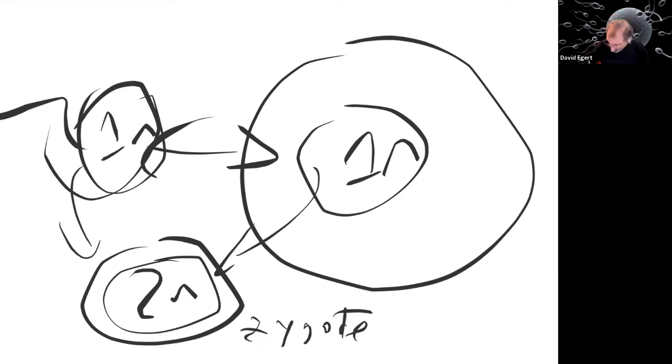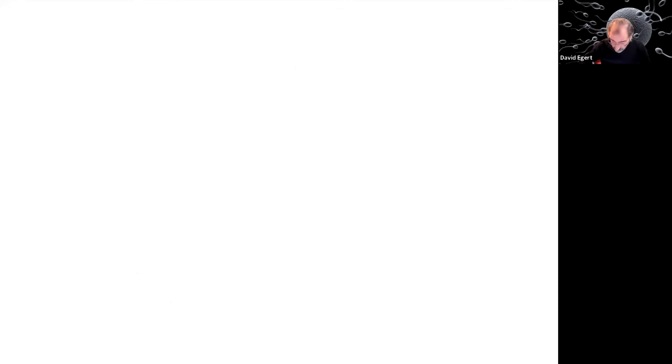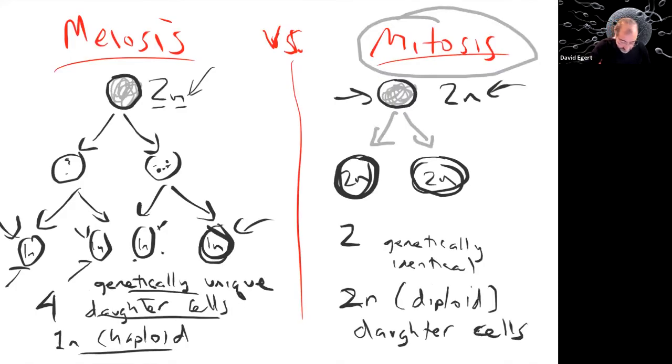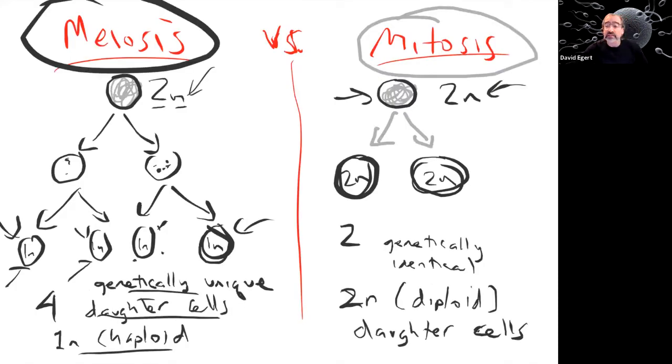So, meiosis is going on in the testes and in the ovaries. We're going to talk more specifically about spermatogenesis, the generation of the sperm, and oogenesis, the generation of the eggs. They are both meiosis, although we'll see there are some specific differences in how it happens in the guy and in a woman.